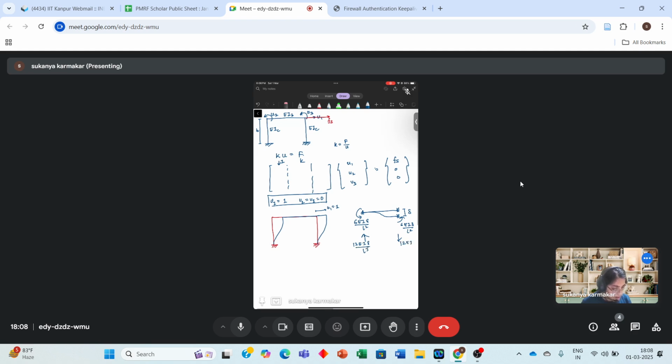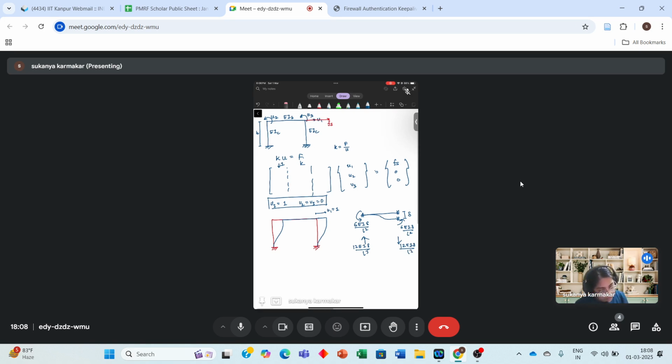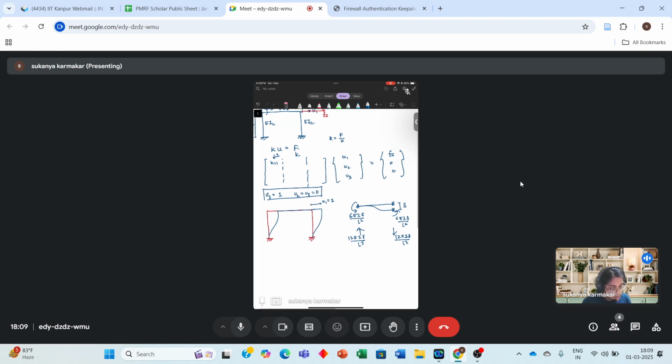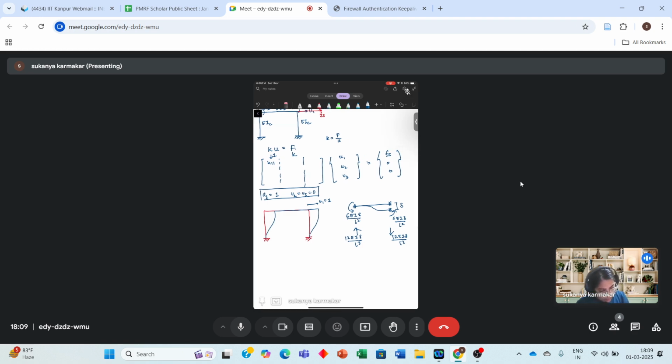Now, for the first entry, K11, that is the force developed in the direction of 1 because of restraint U1, how much will this force K11 be?